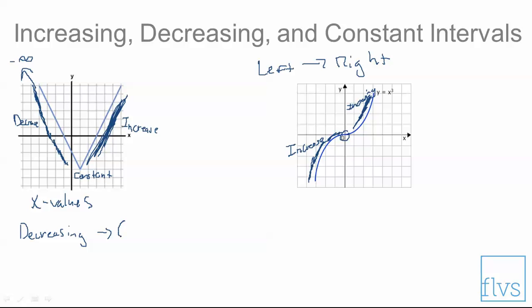So it begins decreasing at negative infinity, comma, where does it stop decreasing? Well, right here. The answer to that is not 1, 2, 3, 4. It's a very common mistake. No, we refer to x values. So it stops right here where x equals 1. So it decreases from negative infinity to 1.